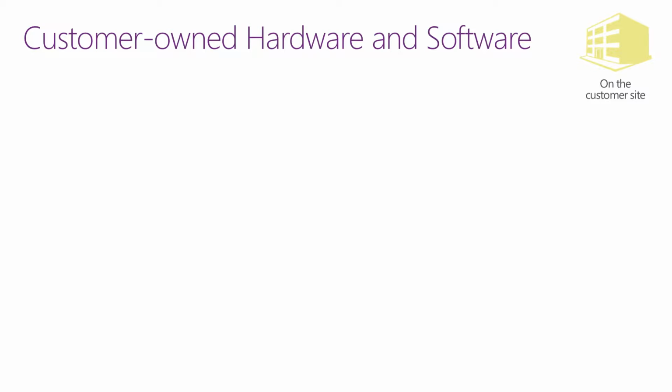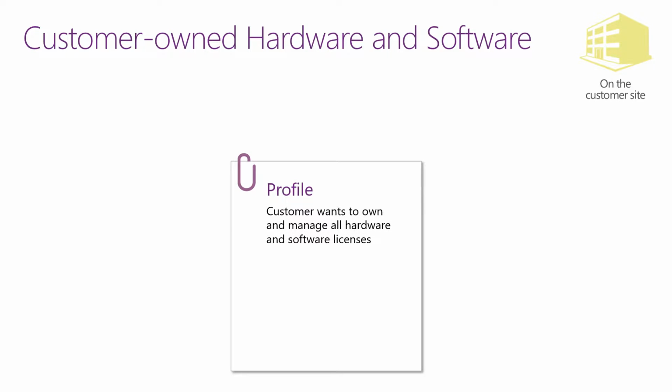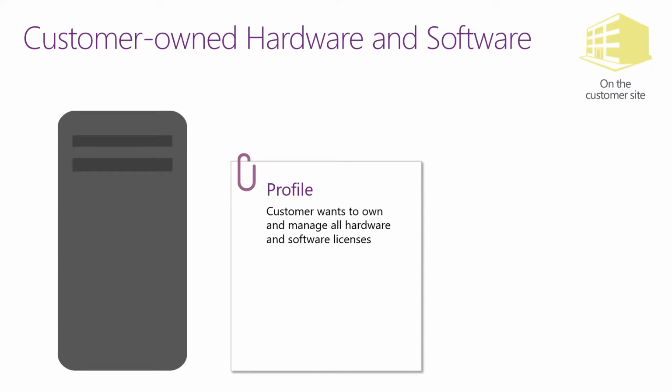The first example we're going to look at is the one linked to what we've been talking about, where the customer wants to own and manage all the hardware and software licenses. They're doing everything themselves. And I've assumed here that this is likely to be a solution that's based on the customer premises. So we have a physical server, which is owned by the customer, and you can see that I've marked this by putting an asset tag on the server.